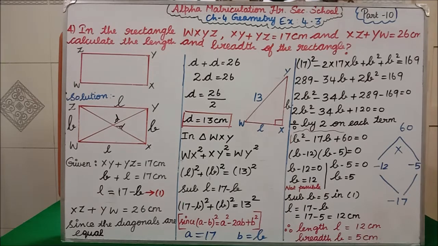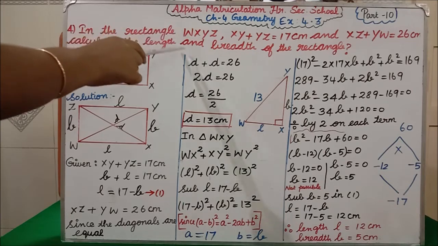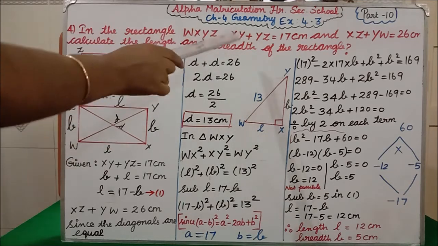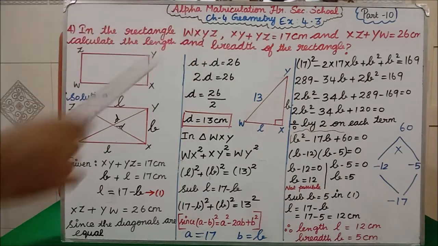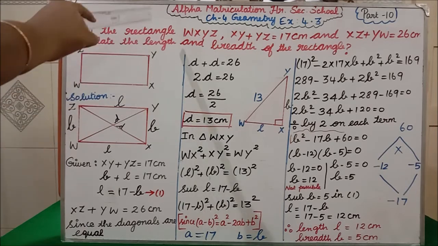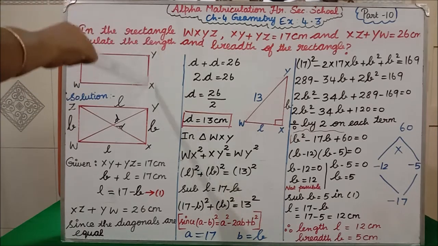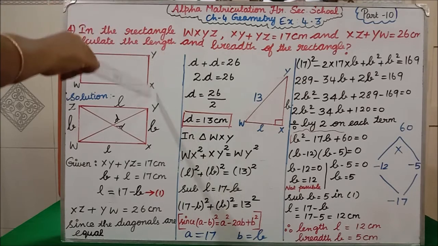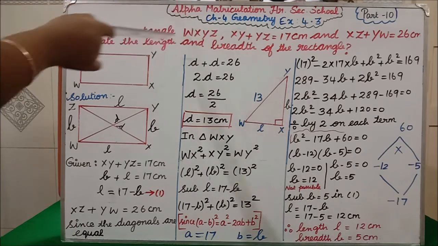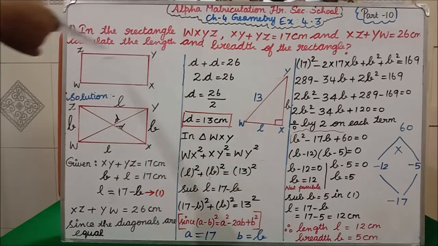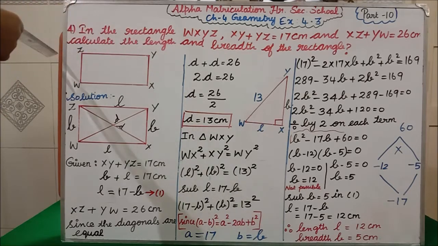Clear? Now, in the rectangle WXYZ, XY plus YZ equal to 17 centimeter, which means XY is the breadth and YZ is the length. So breadth plus length is 17 centimeter.